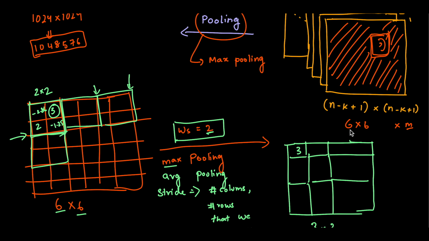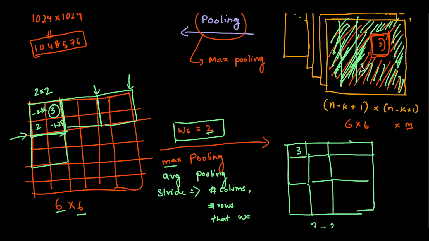How this helps is that in all the remaining portions where the feature is not present, the overall value will be lesser compared to the values in this portion, right? Wherever the feature is present, the values are significant. So as we apply max pooling, the significant values will come out and be shown over here.